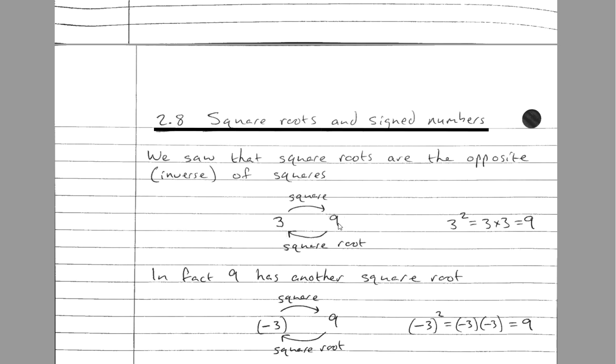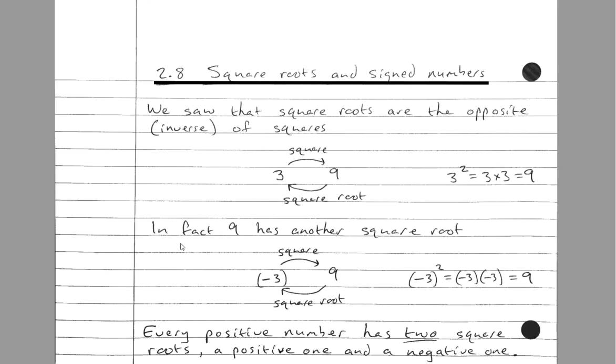Okay, so for square roots, you're looking for numbers so that when you square them, you get the original number. One thing we didn't mention before was that, for example, here 9 has another square root. So there's another number that you can square to get 9. That's -3.